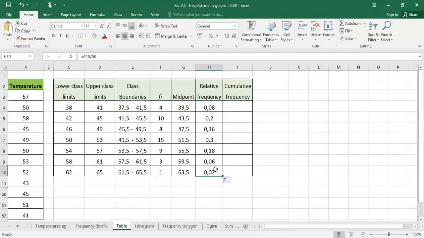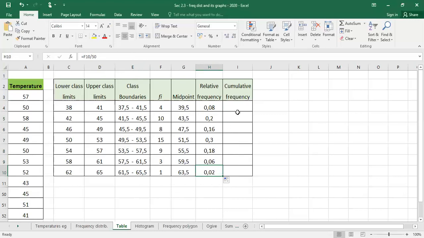Let's choose the last one. So this 0.02, notice in your formula bar, it's saying the value that was in F10, divide by 50. So the value that was in F10 is the frequency for that class. So there you go. 2% of all the values in the data set were in this class. Okay, so that's quite nice.